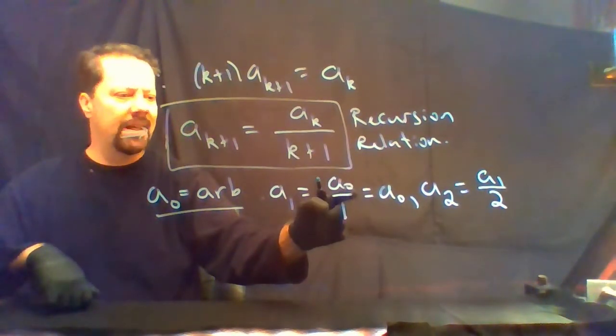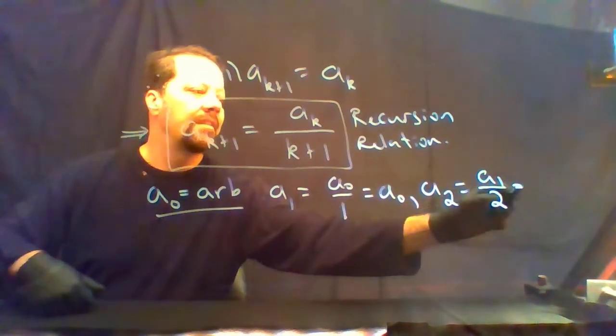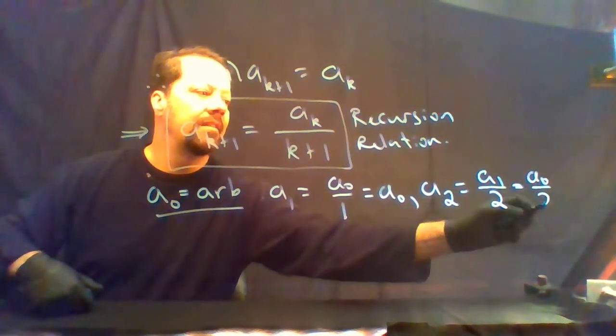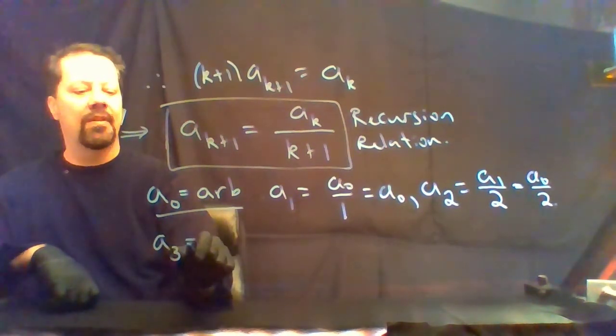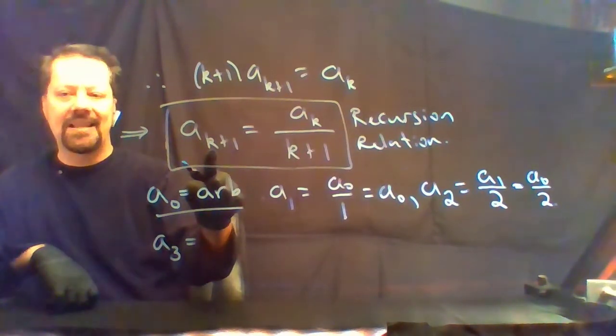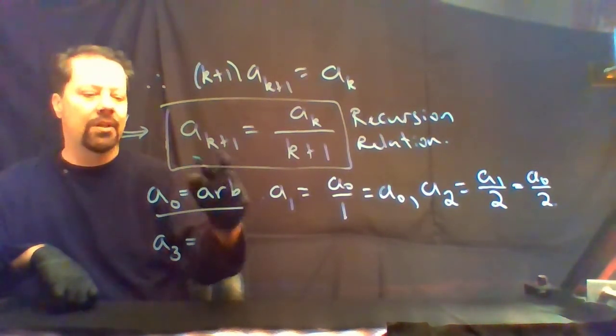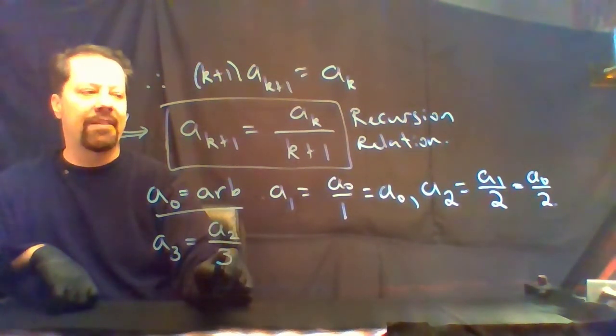But keep in mind, a1 is equal to a0. So this is a0 divided by 2. a3 can be found by placing k equals 2 into the recursion relation. That's a2 divided by 3.